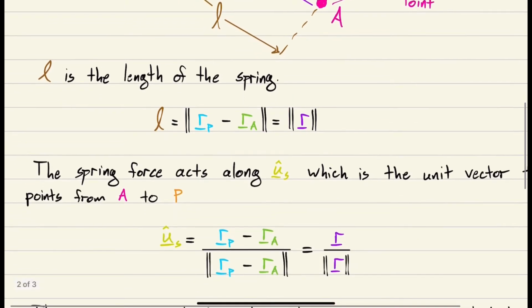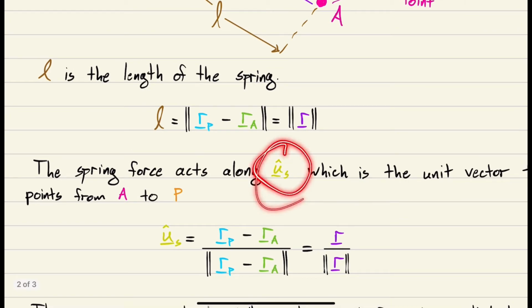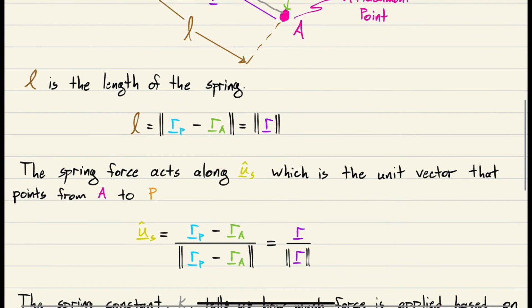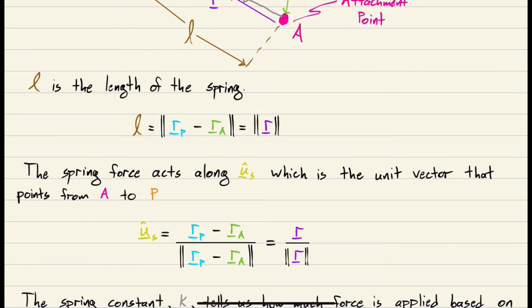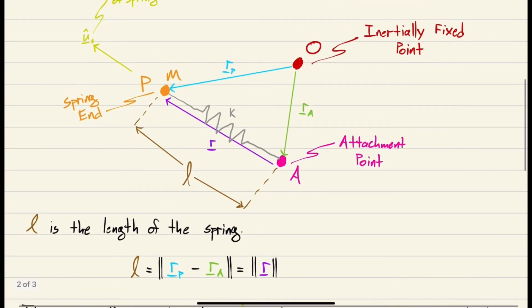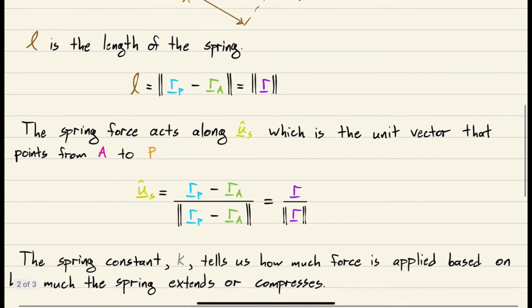The spring force acts along U sub S, which is the unit vector that points from A to P, right? We already defined the vector that points from A to P, which is R. So if we just divide R by the magnitude of R, that'll be a unit vector that points from A to P. So that's exactly what we do.